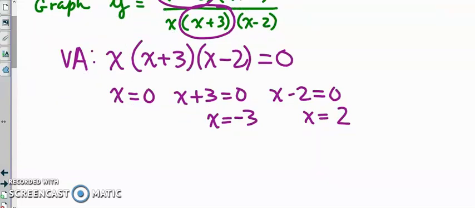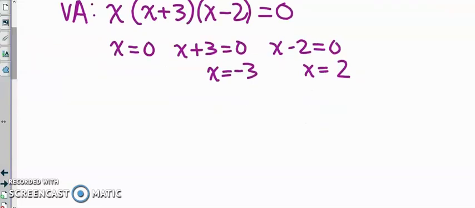This happens every time you have a hole. Let's do it in a different color.